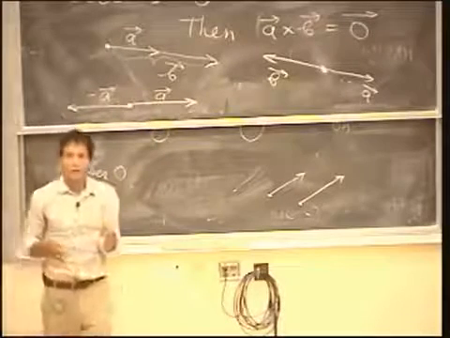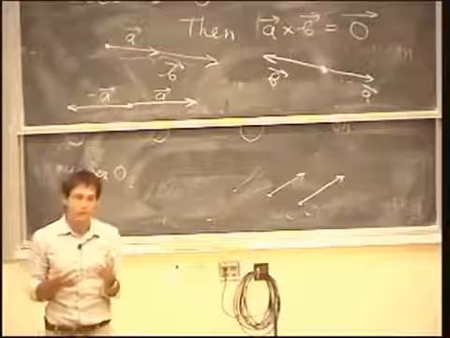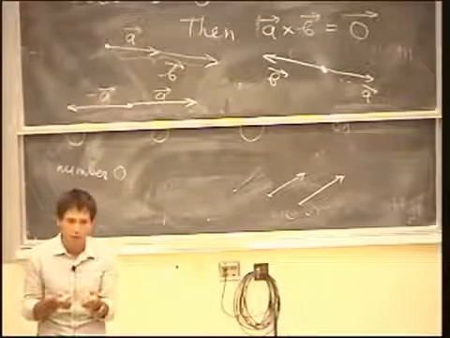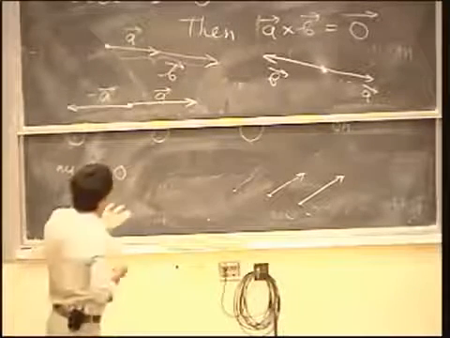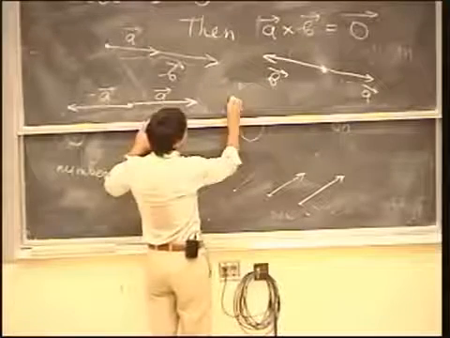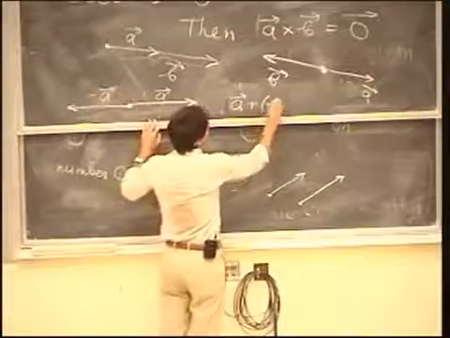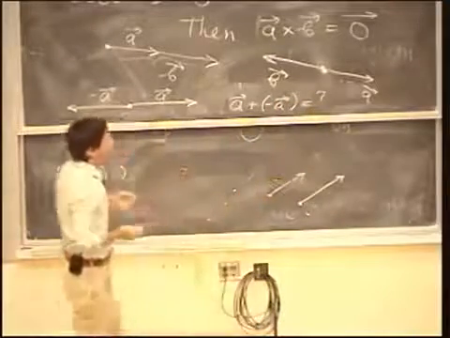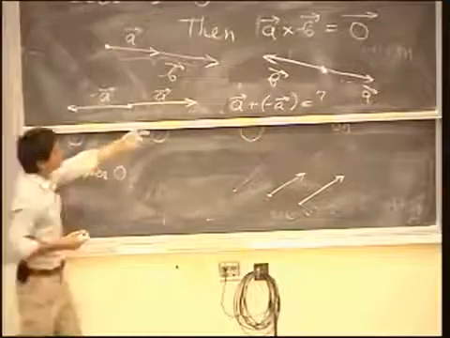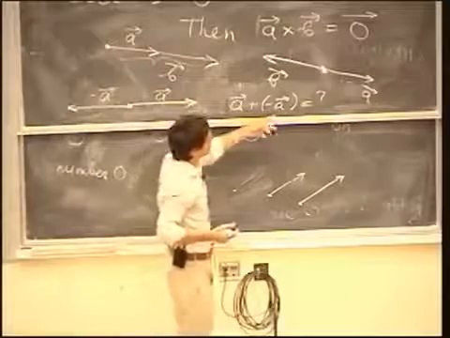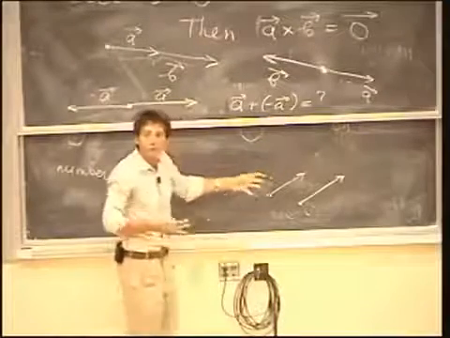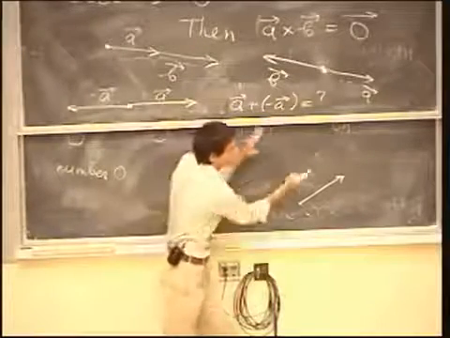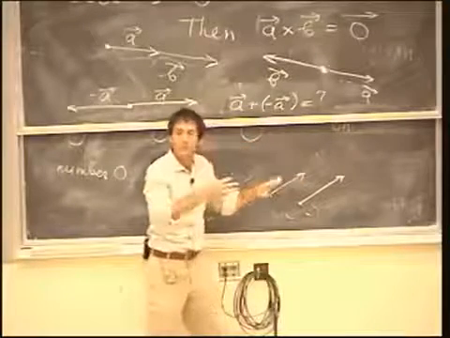Now, we would like to have a consistent system of vectors in the sense that if we take the sum of two vectors, we are going to get another vector. So in particular, we should be able to take the sum of these two vectors. What's the answer? We have to have a vector which is the sum of them, but the sum of them is precisely this transformation which I'm talking about. You first shift the blackboard this way, but then somebody comes and says, no, no, no, put it back.